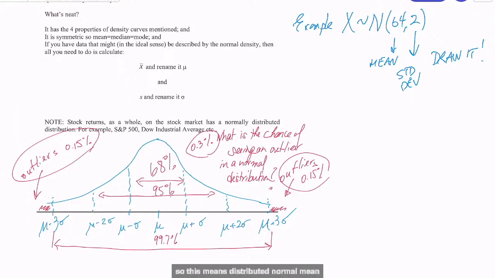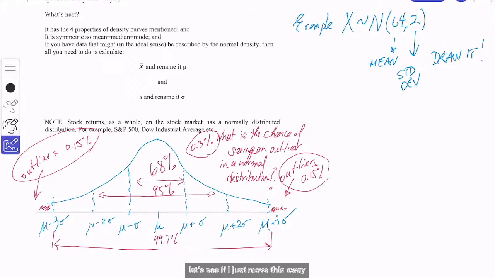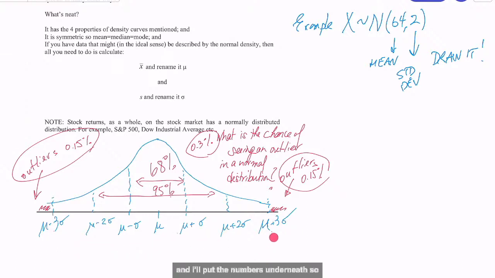So this means distributed, normal, mean, standard deviation. You know what I'm going to do is I'm going to cheat and just put them under here, because I don't want to make a mess.